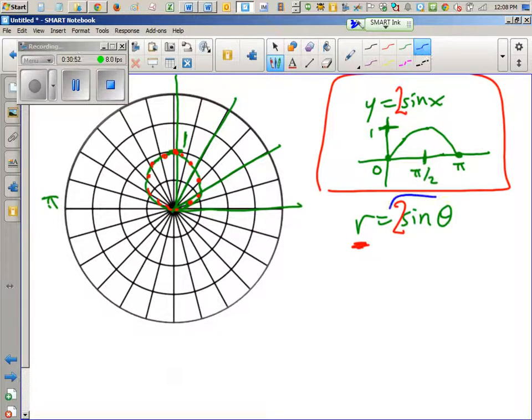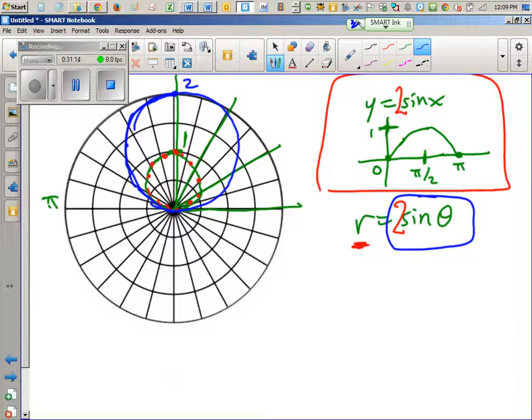What's the biggest that 2 sine theta could ever reach? 2. That's right. So you understand range. In other words, it'll still grow and shrink back in before pi, but it will do so and reach a radius of 2 at most.